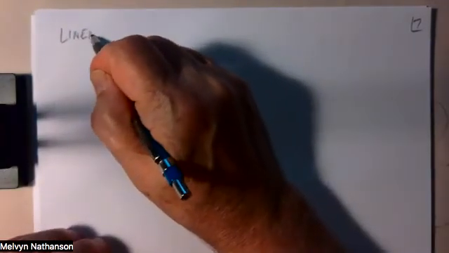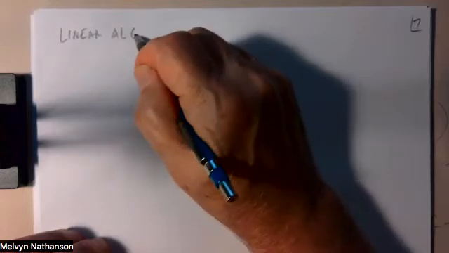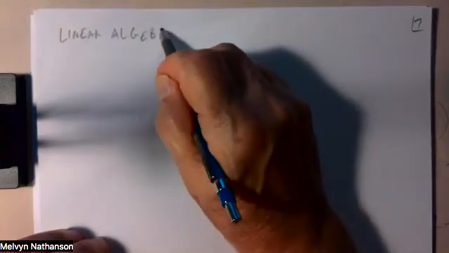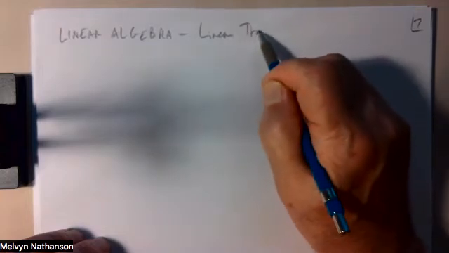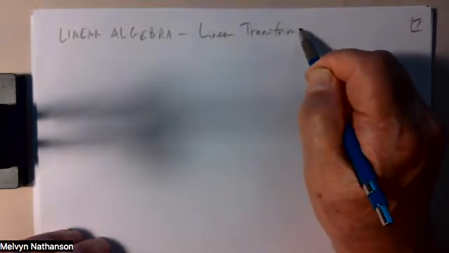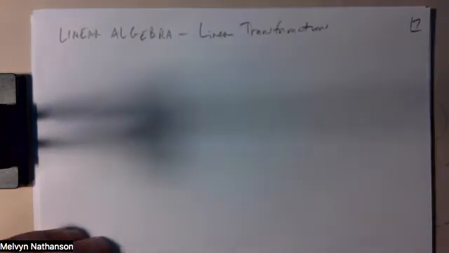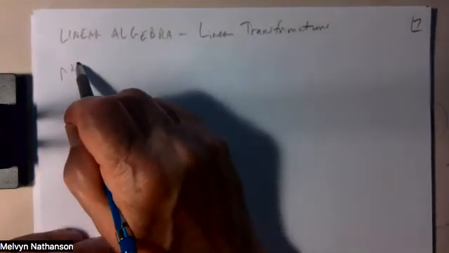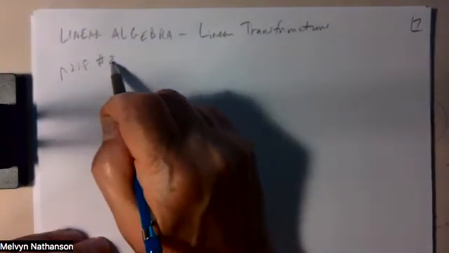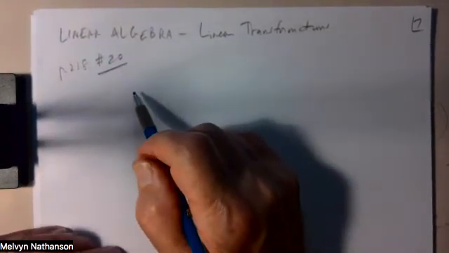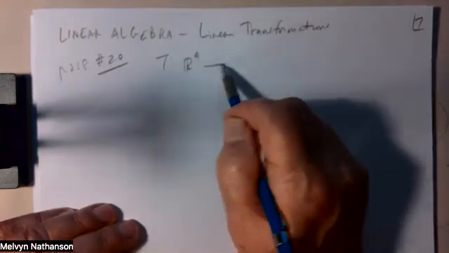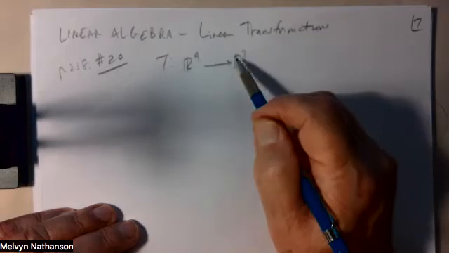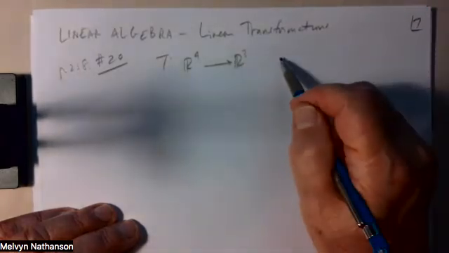Okay, so we're back to linear algebra, looking at linear transformations. On page 238, number 20, we have a linear transformation from 4-dimensional space to 3-dimensional space, given as follows.